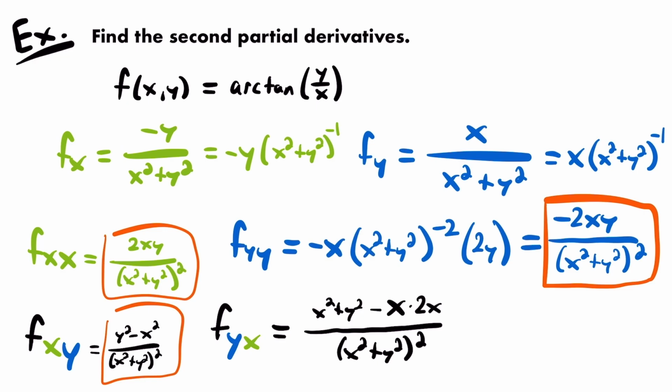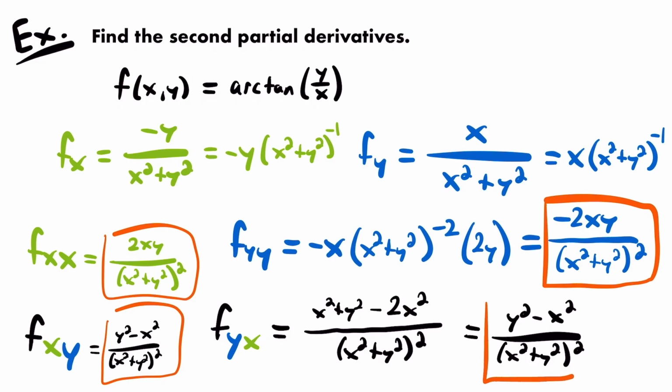Okay, now simplifying, in the numerator here, x times 2x, that would just be 2x squared. I'm just going to rewrite that right here. We have 2x squared, and then we have some like terms that we can combine. x squared and negative 2x squared would combine to be negative x squared. So what we get here is y squared minus x squared divided by (x squared plus y squared) squared.